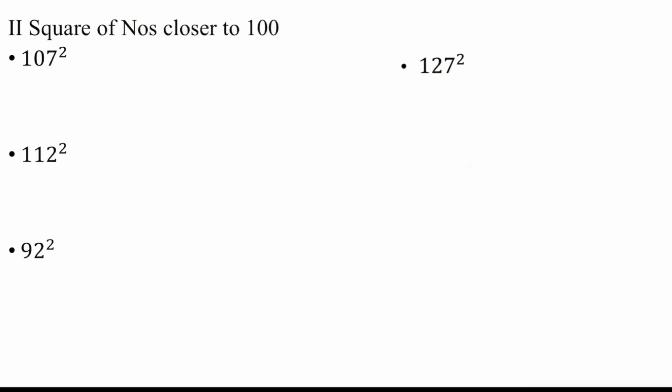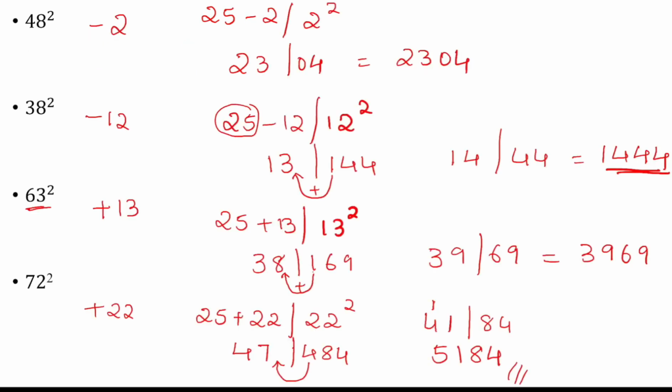Next, now we will see squares of numbers closer to 100. Okay, now 107 square. Now 100 is our base. Okay, so when we are comparing with 100, 107 is how much more than 100? It is 7 more. Previously, we used to take 25, isn't it?